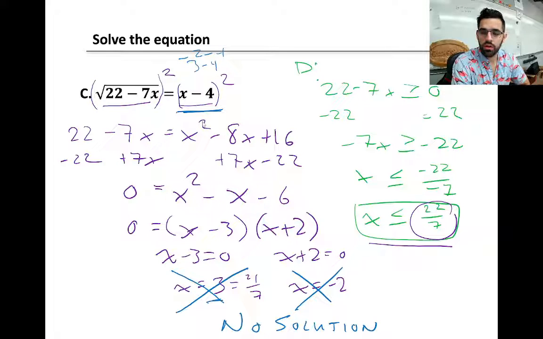Anyways, one other side note, when we are working with this domain restriction, we're working with an inequality. So whenever you divide or multiply by a negative number, so right here, we divided each side by -7 to solve for x. Because we divided by a negative, our inequality flips. And so if you think about that, in a more basic example, -2 is bigger than -10.